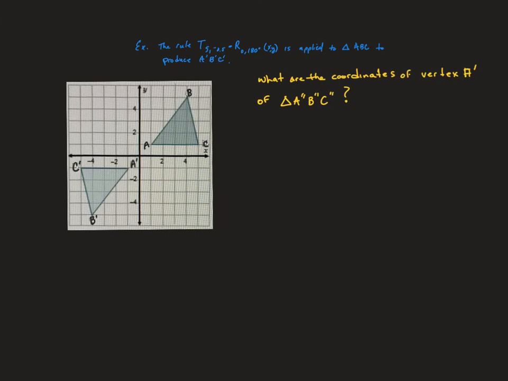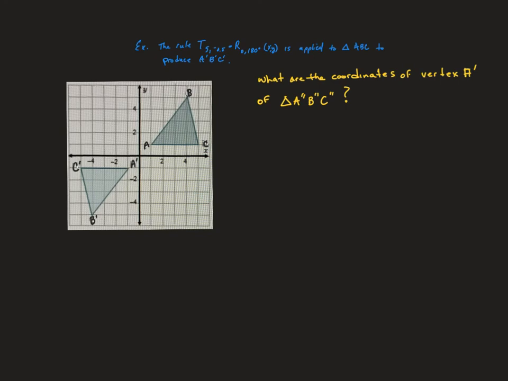So as we do one last example here, it says the rule T5, negative 0.5, which is my translation 5 up and 0.5 down, and a rotation about the origin, rotation 0, 180, so we're going to go about the origin 180 degrees, is applied to triangle ABC to produce A prime, B prime, C prime.